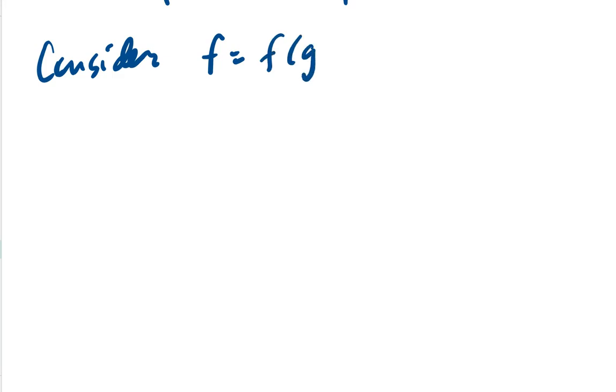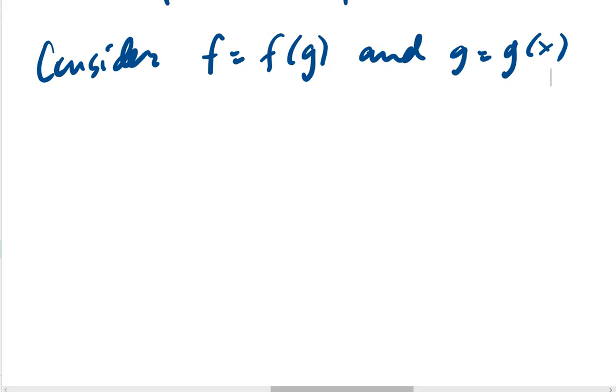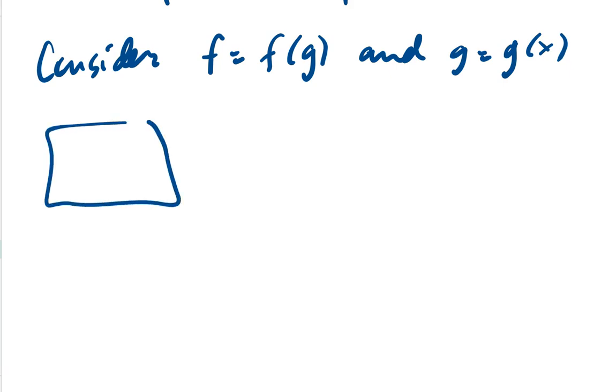All right, so what I want to do is create two functions. So consider f equals f of g, and g is a function of x. So f is a function of g, and g is in turn a function of x. What this is saying is that there's a box of x's here.